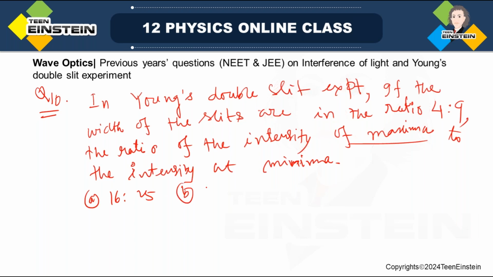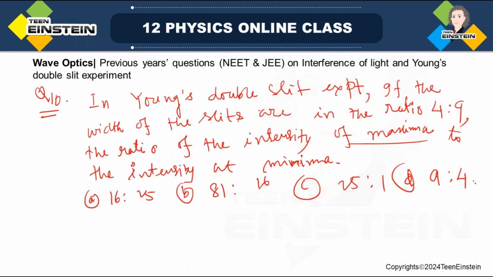Option C is 25:1 and D is 9:4. Okay, so we have to check what is the answer for this, right?